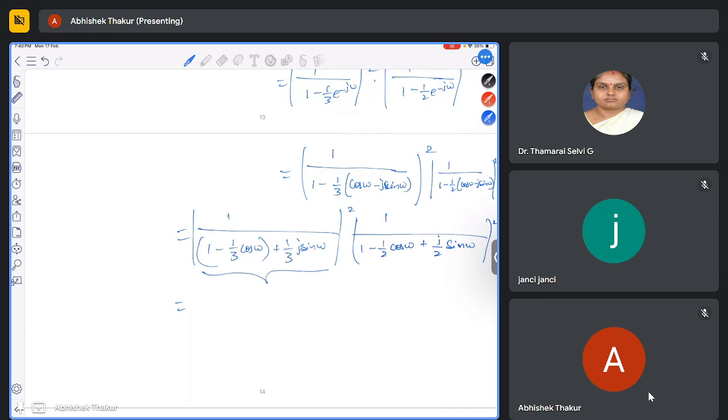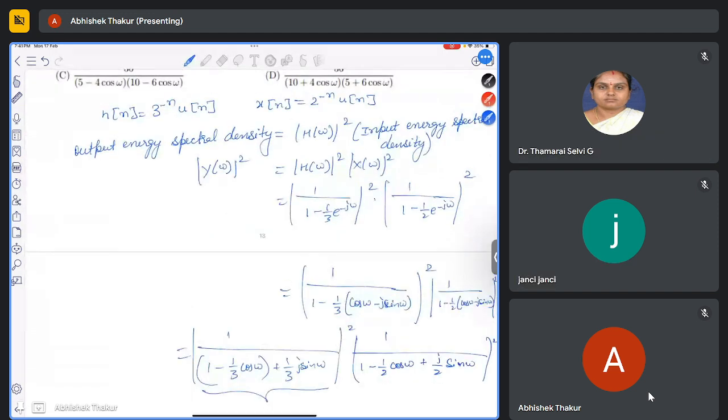So after doing all this, we can normalize this, and the final answer we will get as this option C.